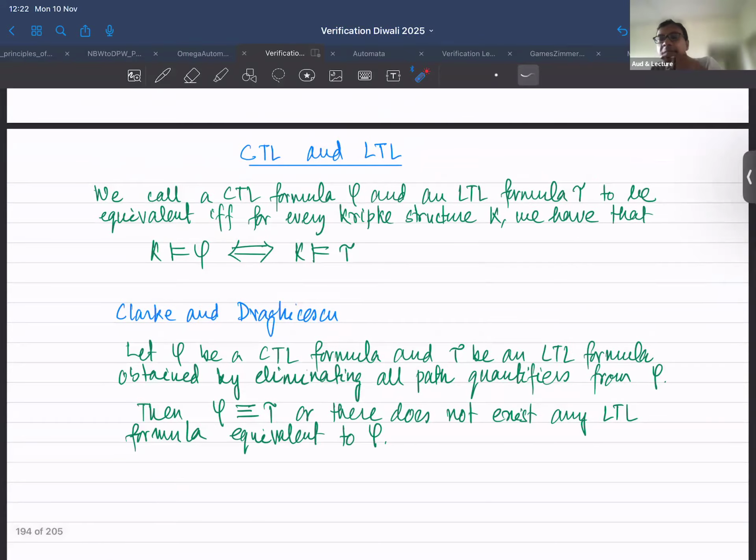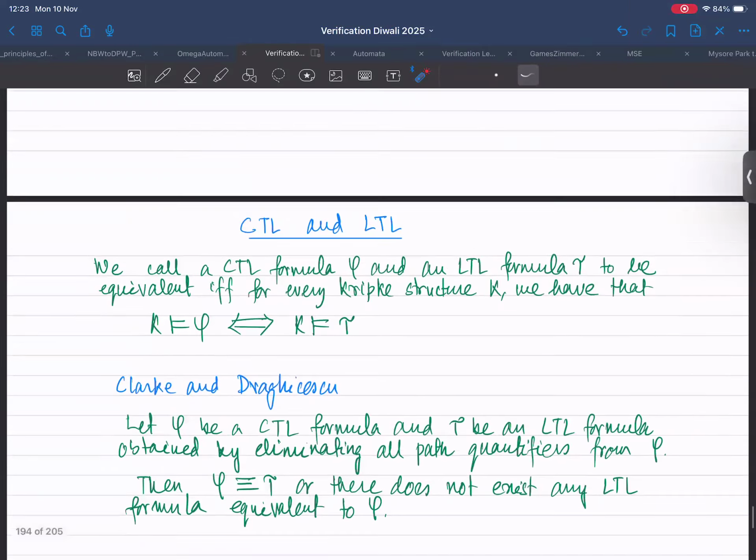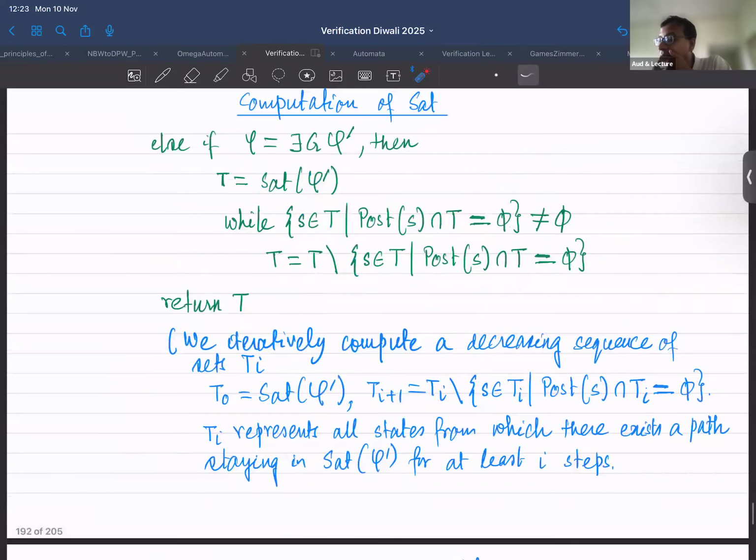Some example of a property we saw which can be expressed using CTL but not in LTL. Like being able to reach the begin state.